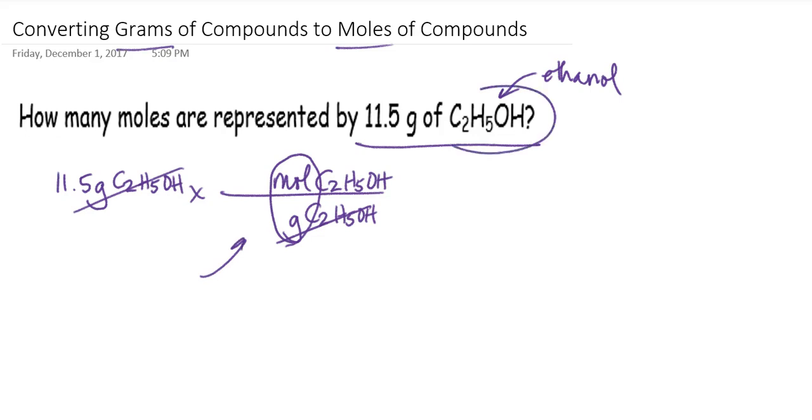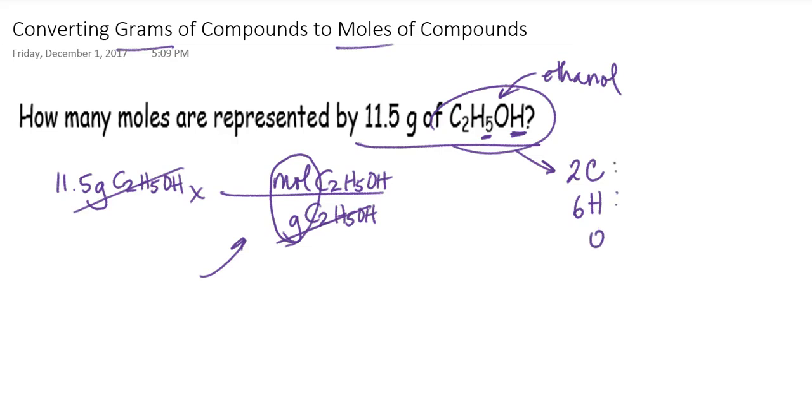So I'll start putting together my molar mass of ethanol. Let me count up the different types of atoms. In ethanol, I have 2 carbons. I have 6 hydrogens, right? So H5 and then this other H that's hanging out at the end. So that would be 6 hydrogens, and I have 1 oxygen in ethanol.